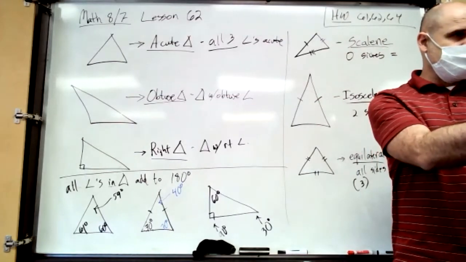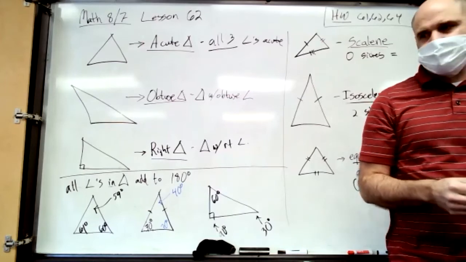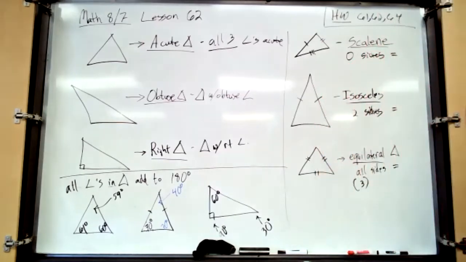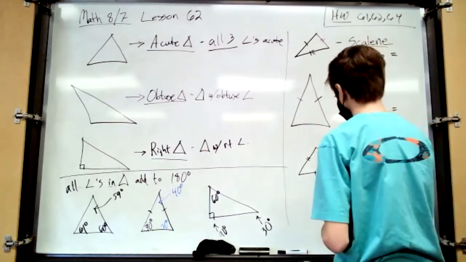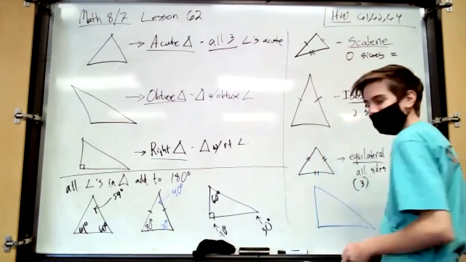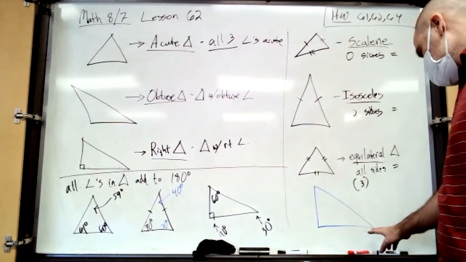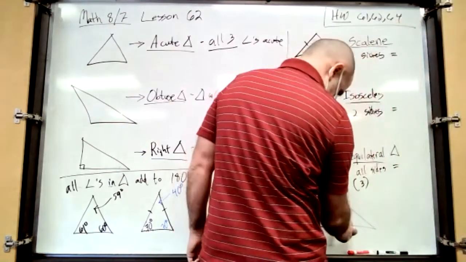Okay, let's see. I don't think this is right. Okay, so this one looks a little bit longer than that, but if we just shorten it a little bit, we don't have to change the angle.